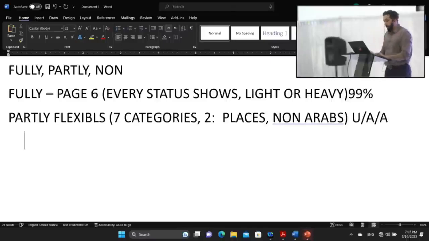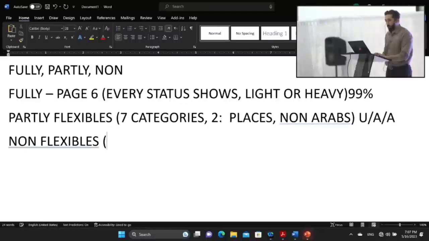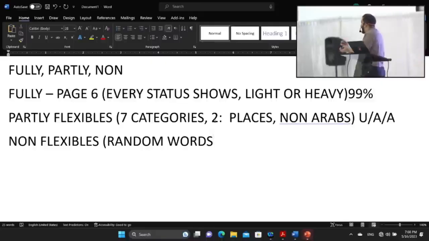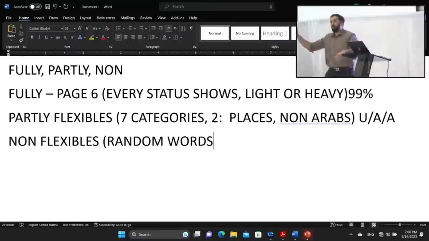Okay? Now, then there's non-flexibles. Okay? I mistyped here. Okay, non-flexibles are random words, so I cannot give you categories. At least I was able to give you for partly flexibles: it's going to be places, and it's going to be non-Arabs, and 5 other categories.